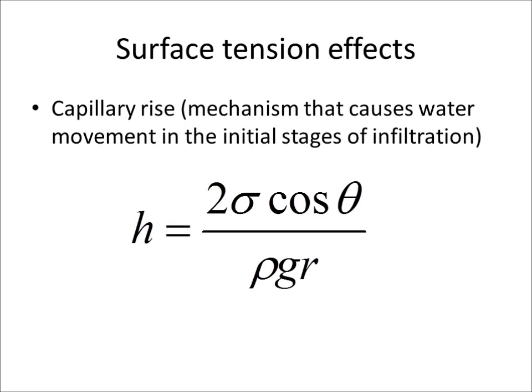If we go to the edge of a plastic glass, the height of rise on the exterior of the glass is going to be smaller than the height of rise within the straw, and that's predicted in part by this equation because of the radius. The radius of the glass is much larger than the radius of the straw.